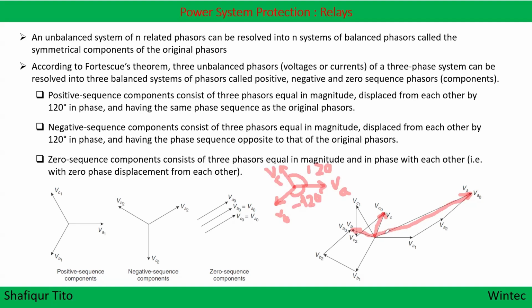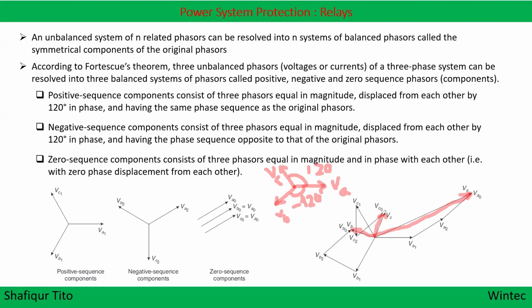Now, whenever the system has a fault, this system is no longer balanced. So I have VA, you can see it is very long. That means its magnitude is larger. Then you have VB smaller, VC is smaller. So it might have gone through one of the fault conditions.